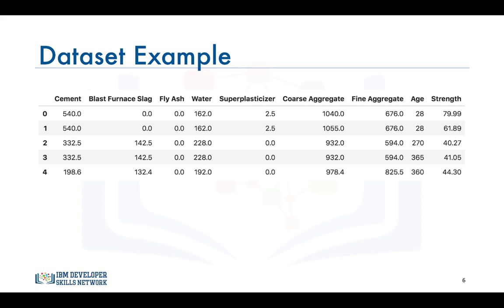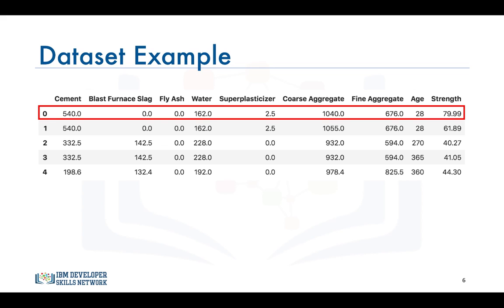Let's take a look at a regression example. Here's a data set of the compressive strength of different samples of concrete based on the volumes of the different materials that were used to make them. So the first concrete sample has 540 cubic meter of cement, 0 cubic meter of blast furnace slag, 0 cubic meter of fly ash, 162 cubic meter of water, 2.5 cubic meter of super plasticizer, 1040 cubic meter of coarse aggregate, and 676 cubic meter of fine aggregate.